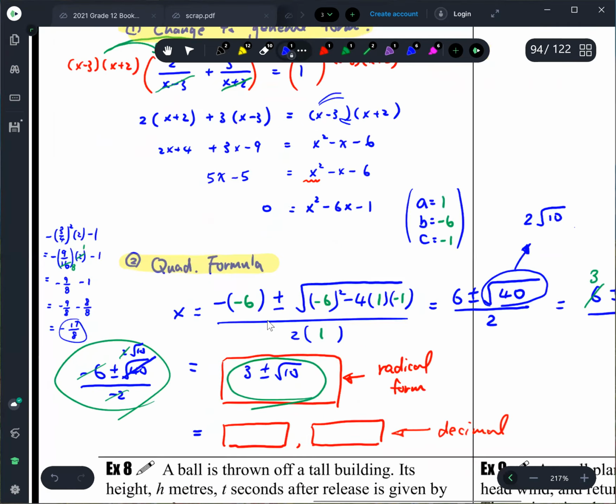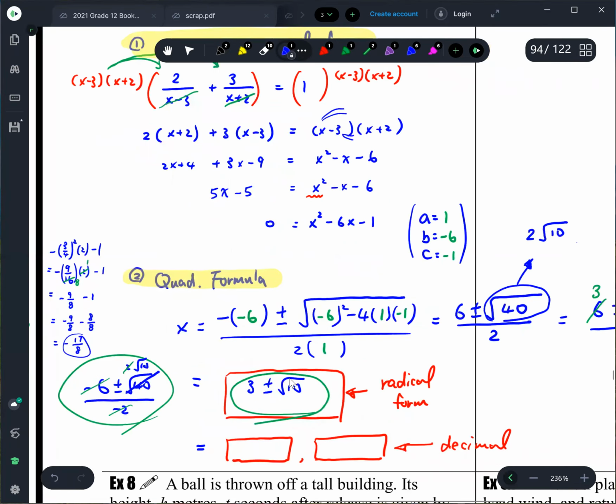It shouldn't be 0 point something. What did you type in? I got 3 minus square root 10. And what's the answer? I got negative 0.16. Yeah, that's one of them. Very good. That one is using the minus.